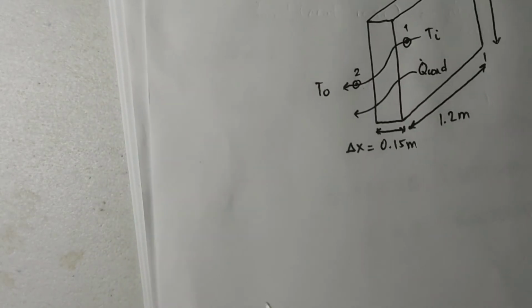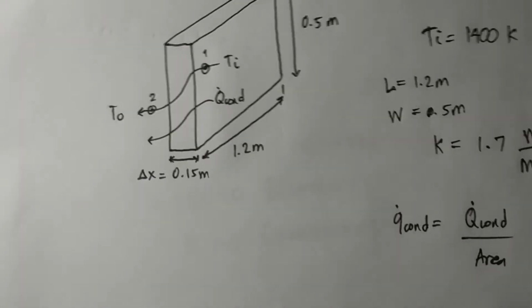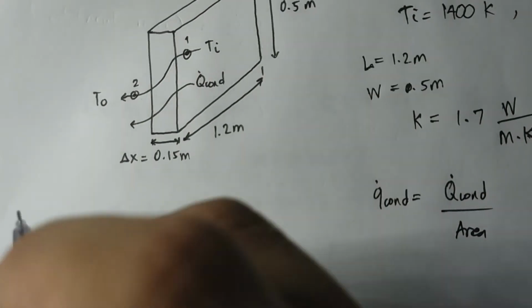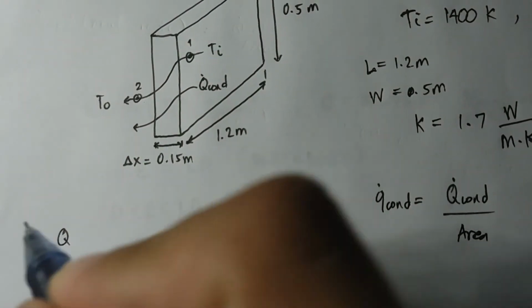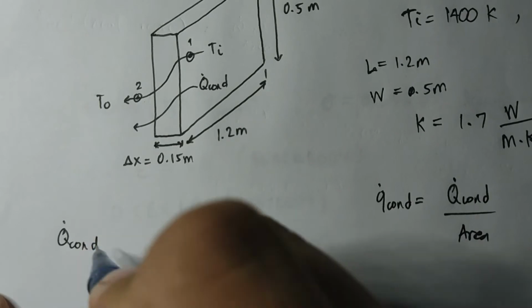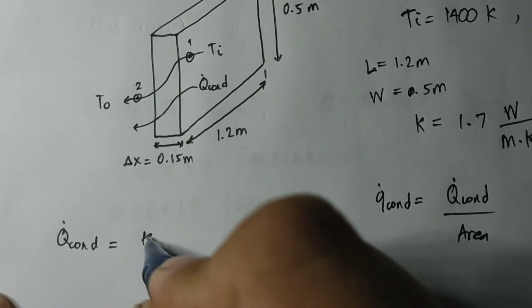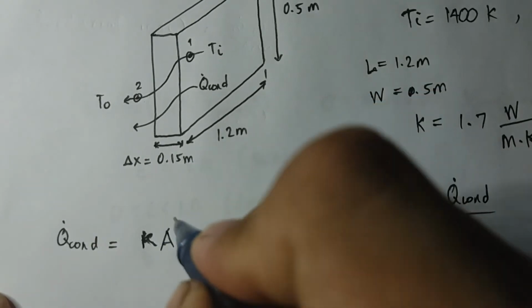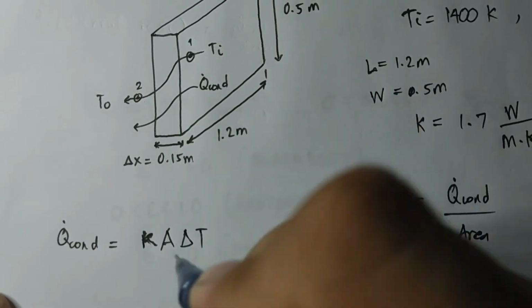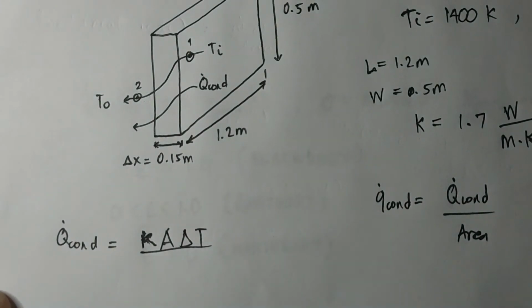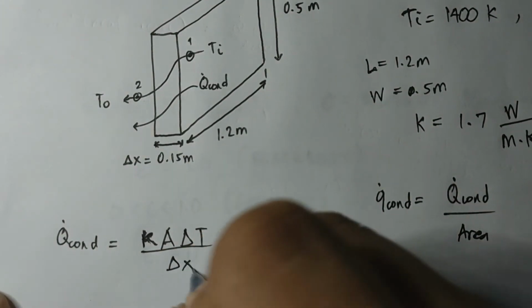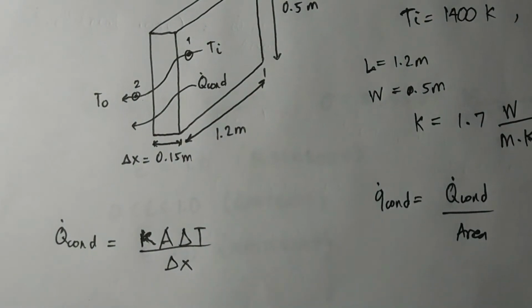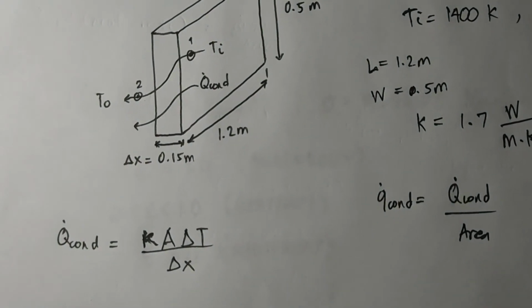Heat of conduction, we all know that heat of conduction is equal to thermal conductivity times area times delta T, or delta ng temperature difference, over delta X. So we have the value of K, which is 1.7 watts per meter Kelvin.